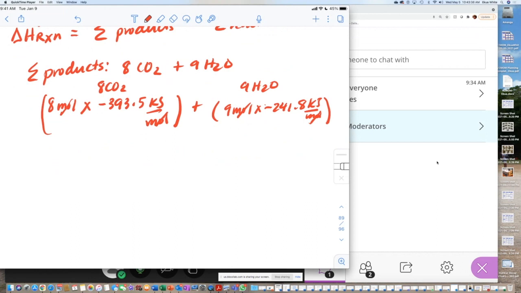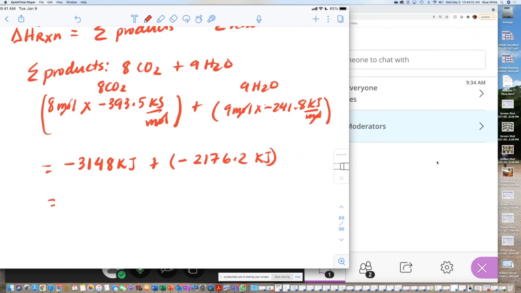8 times negative 393.5 is negative 3148 kilojoules, plus 9 times negative 241.8, which is negative 2176.2 kilojoules.